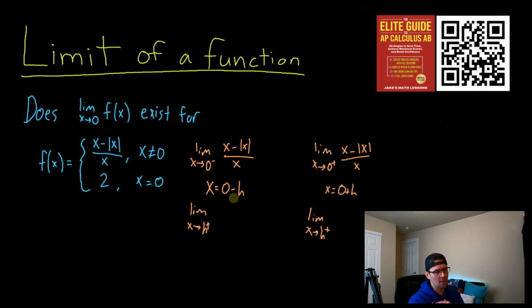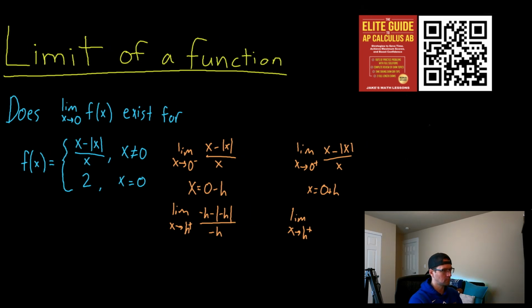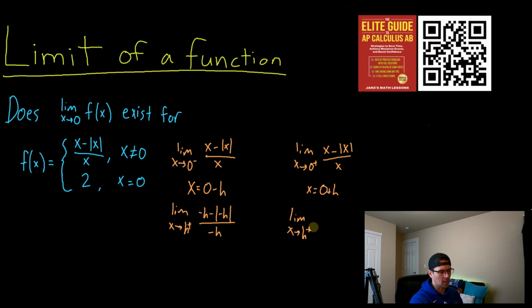Well, 0 minus h is just negative h, and 0 plus h is just h. So in our left-hand limit, we get negative h minus the absolute value of negative h over negative h. And for the right-hand limit, 0 plus h is just h, so we basically get the same function, but with h instead of x.